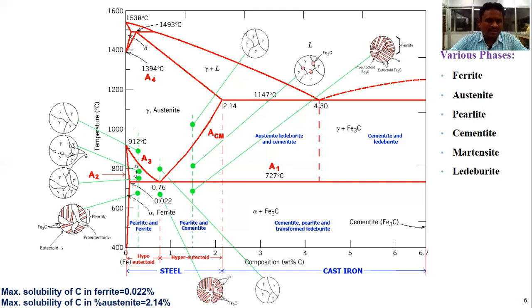And the other iron is gamma iron, which is called austenite. Austenite is an interstitial solid solution of carbon in iron. The maximum solubility of carbon at 727 degrees centigrade is 0.76 percent of carbon. As the temperature increases, the solubility of carbon also increases and reaches 2.14 percent of carbon.